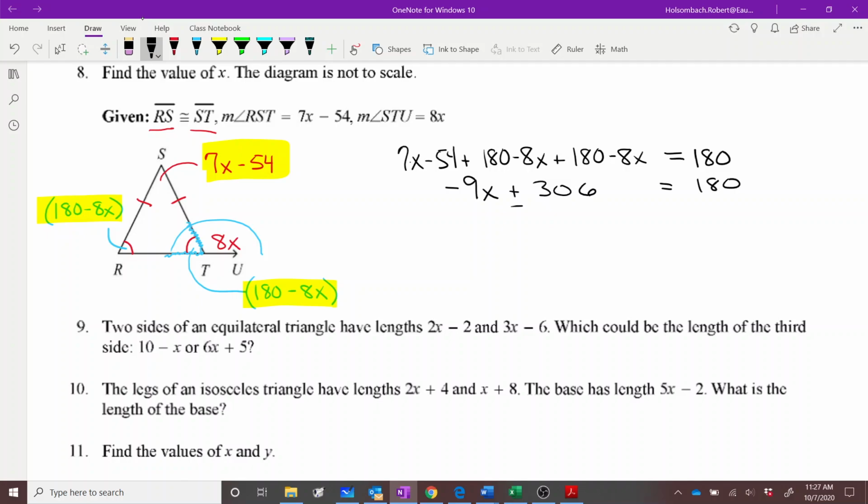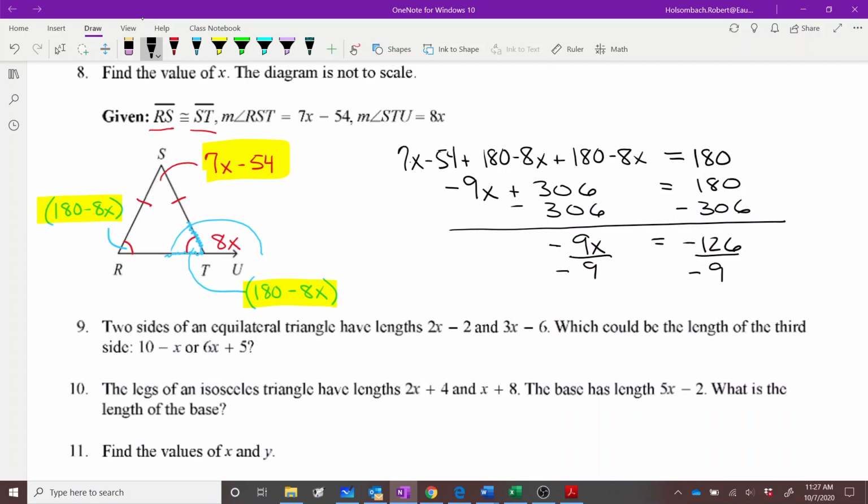If we subtract the 306 from each side, then our negative 9x is going to equal negative 126. I'm sorry, this is negative 9x equals negative 126, so we need to divide each side by negative 9. Our x is equal to 14.